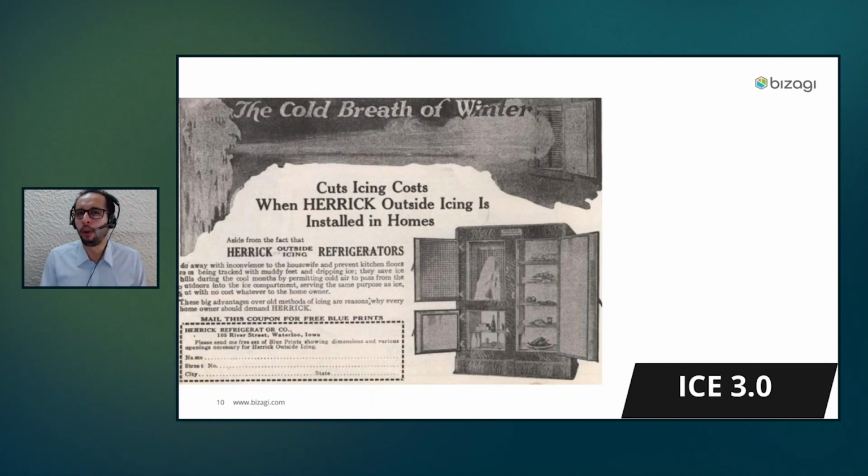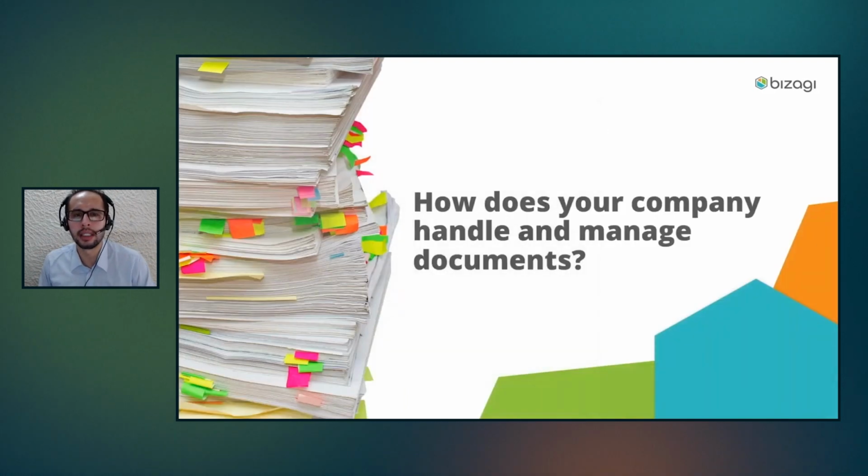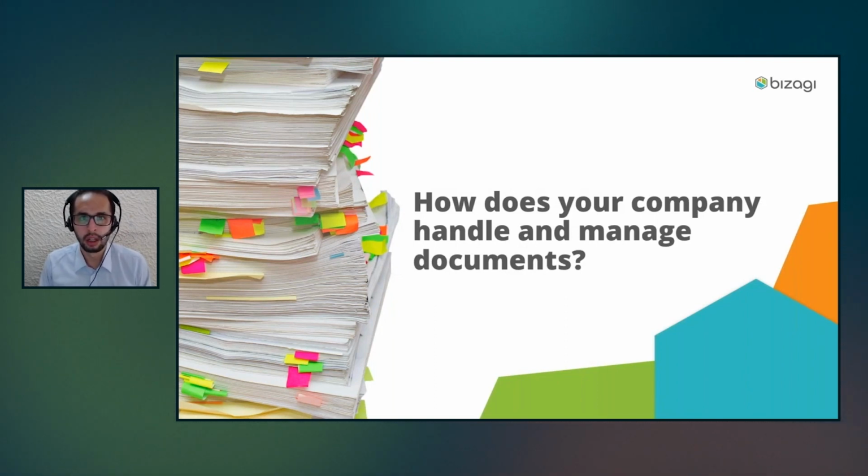So what is my point here? I want you all now to do the analysis and think about how your company is managing your documents right now. Who are you? Are you ICE 1.0, ICE 2.0, or ICE 3.0? How are your documents being handled?